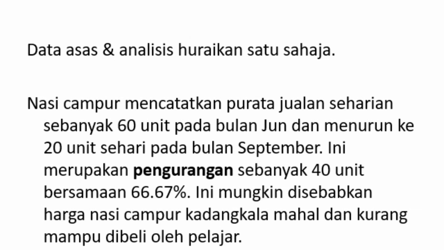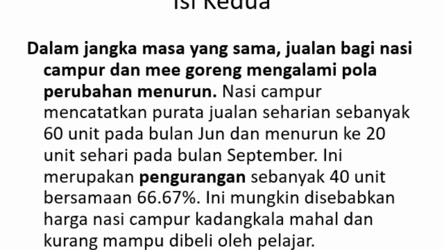Because ada perpuluhan kan, so I put 2 tempat perpuluhan. Ini mungkin disebabkan harga nasi campur kadang-kala mahal dan kurang mampu dibeli oleh pelajar. So this one is the data asas, data analysis and the KBKK. So put it together with the isi utama, you get your perenggan for isi kedua atau perenggan ketiga.